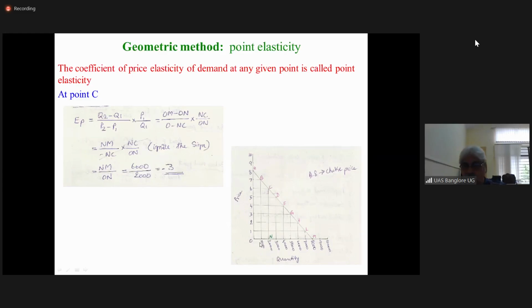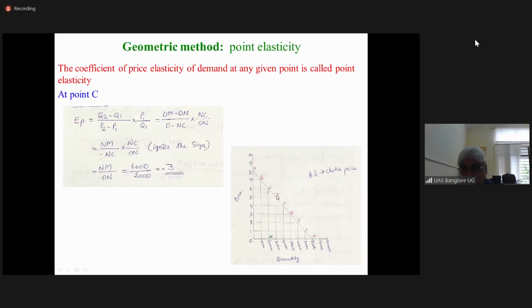Now, ON is the quantity when the point is C. Suppose instead of C we take B as the point, then N will come here, not at this point. N is not permanent.